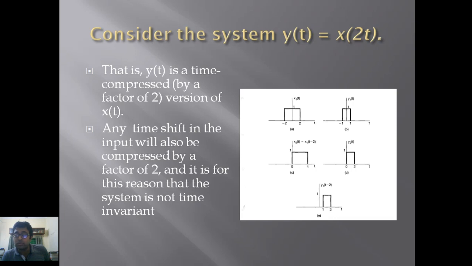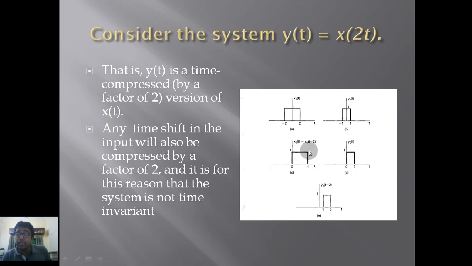So the system is not a time invariant system. Because if this is the signal and -2 has been provided and the time shifting of the signal has happened, this is the input signal.